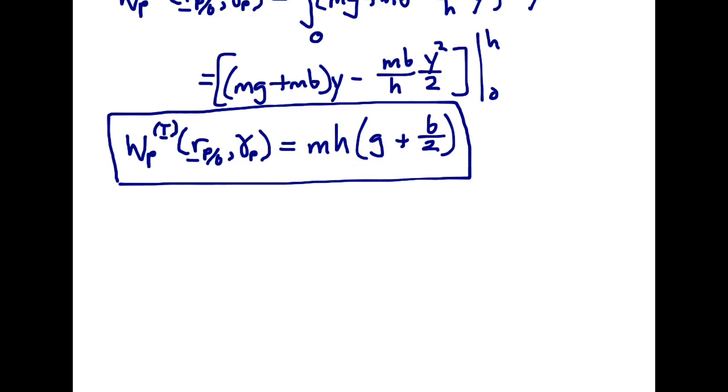And if you were going to oppose that force with a constant force to bring it up, which we'll do in a moment at constant velocity, you're still going to get mhg. But in this case, we've got that term, mhg, but then we have an additional term, which is the mass times the height, multiplied times this other factor, b over 2, which is the change in that force over the time it takes us to lift the box. So just take a look at that, keep that in mind, because we're going to make a comparison to that next condition.